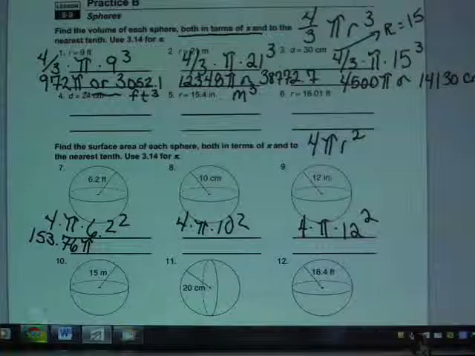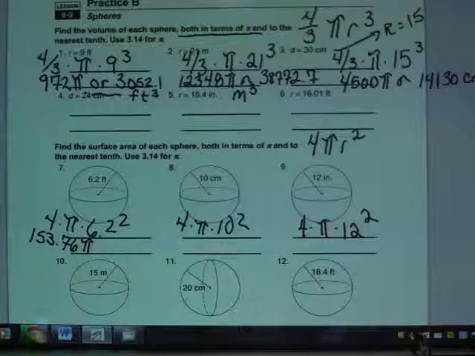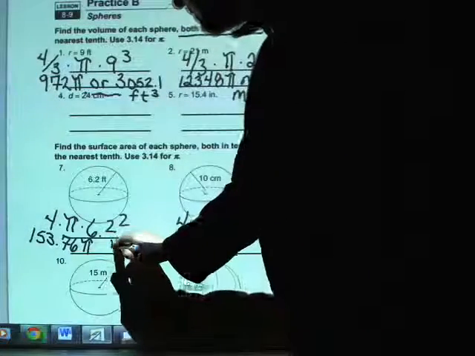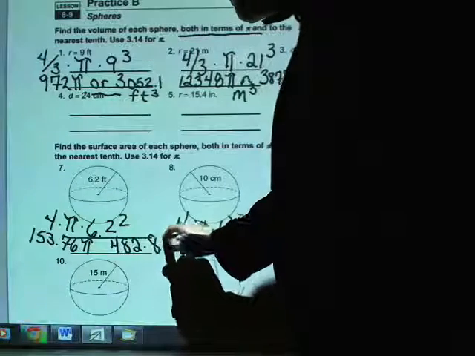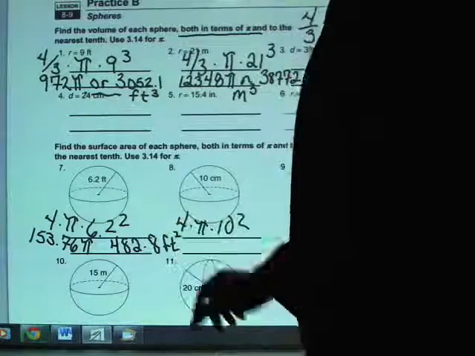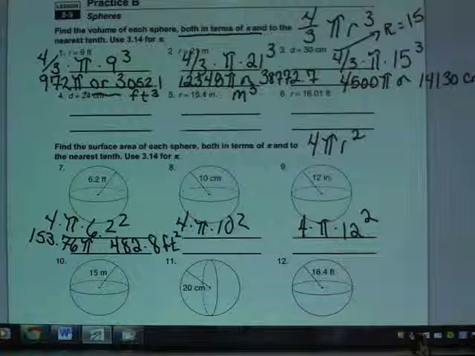Now when I do 153.76 times 3.14, that's going to give me 482.8064. Now we can round that to the nearest tenth, which is going to give me 482.8. And that's feet squared. All right, number 8, 10 squared in the back there.